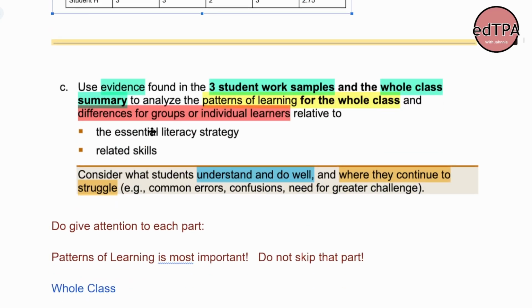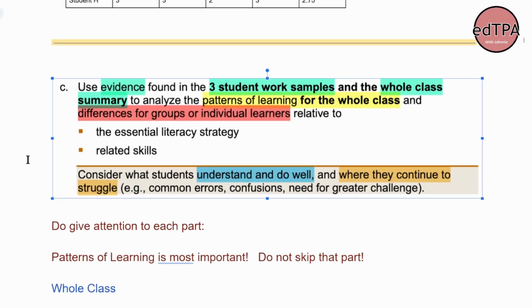Let's go to C. Use evidence found in the 3 student work samples and the whole class summary to analyze the patterns of learning for the whole class and differences for groups or individuals relative to the 2 essential literacy strategy related skills. Consider what students understand and do well and where they continue to struggle. This one has a lot going on here.